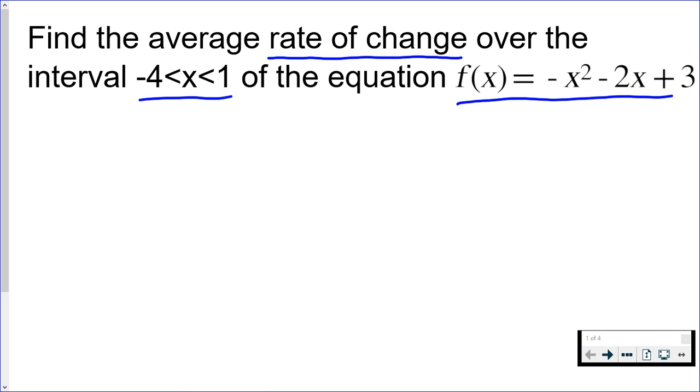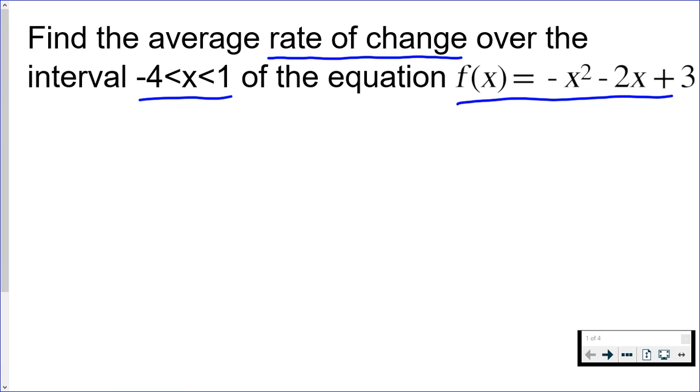Now, this interval gives you some very important information. This interval is giving you two different x values, -4 and +1. We are going to use those x values to figure out 2 points. Now, like I just said, rate of change is associated with slope.